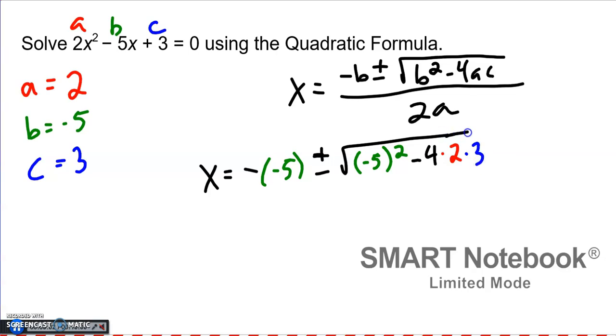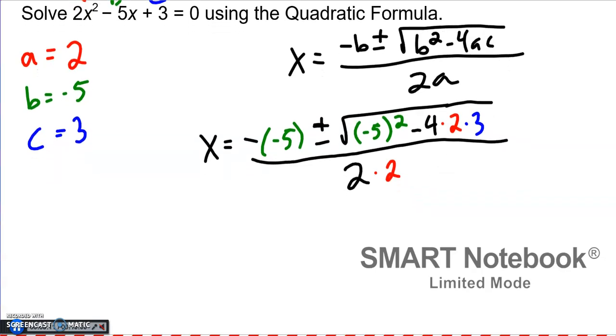Let me extend the square root. And all of this is over 2 times our a value, which is 2. I hope the colors are going to help us here.